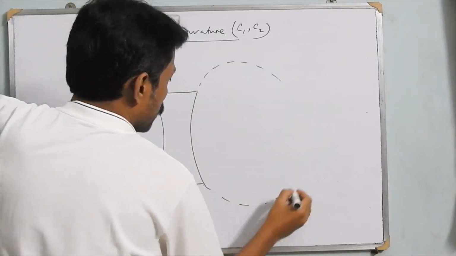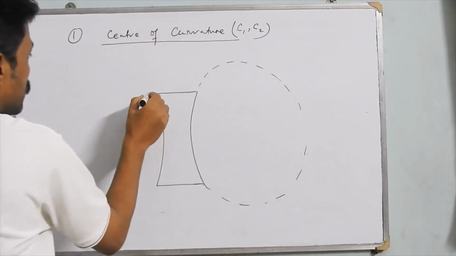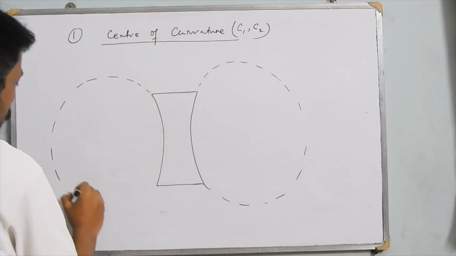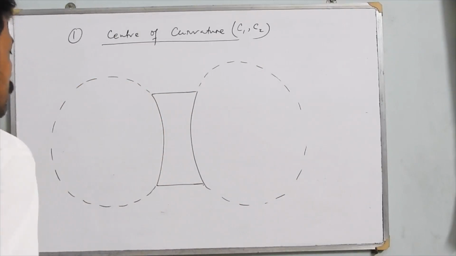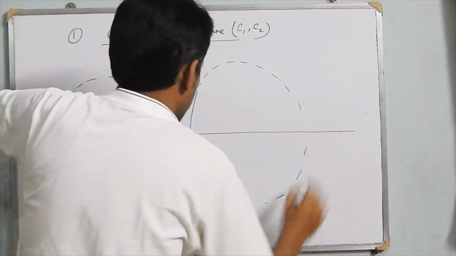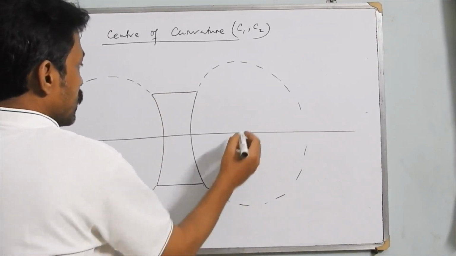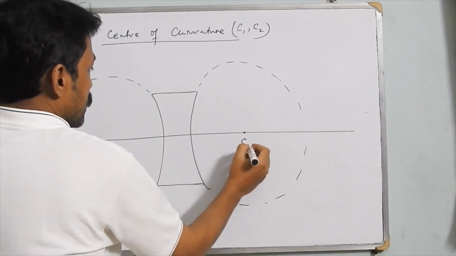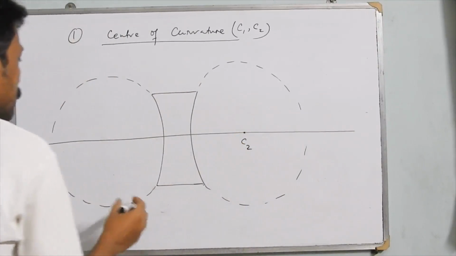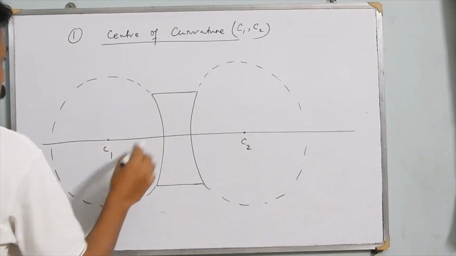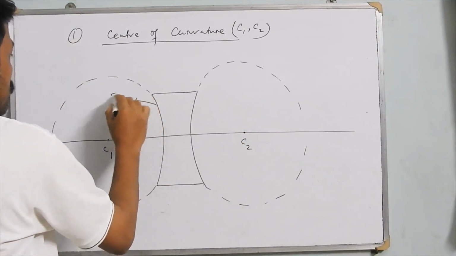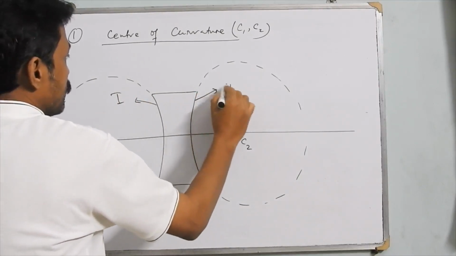This is a portion of a sphere. This is a portion of another sphere. The diameter of the spheres will behave as the principal axis of the lens. So suppose this is the center of curvature of the second surface and this is the center of curvature of the first surface. So this is your surface 1 and this is your surface 2.